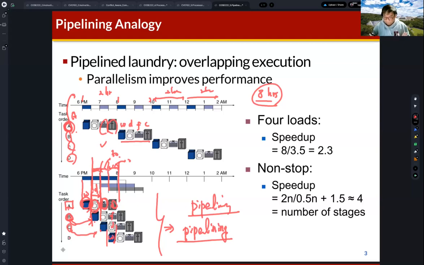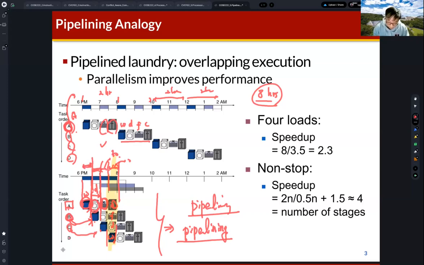So what's the benefit? If we look at this time slot, we can observe that every hardware resource is utilized, every hardware resource is working. And the other benefit is that every 30 minutes we can assign a new task.